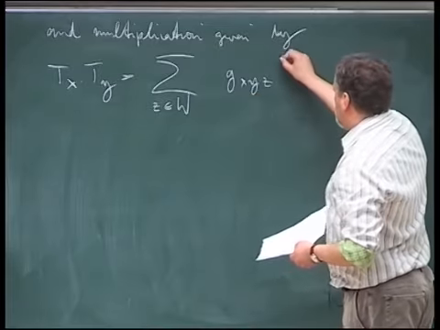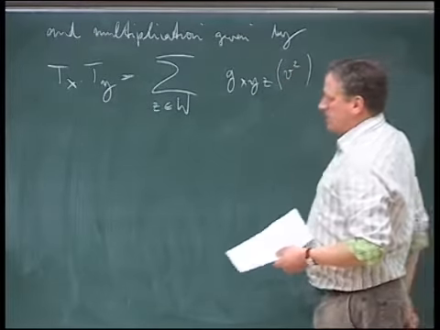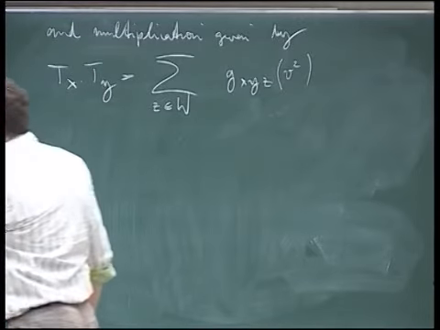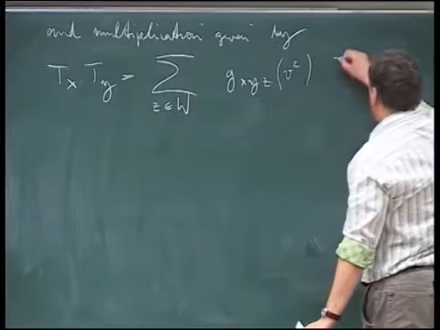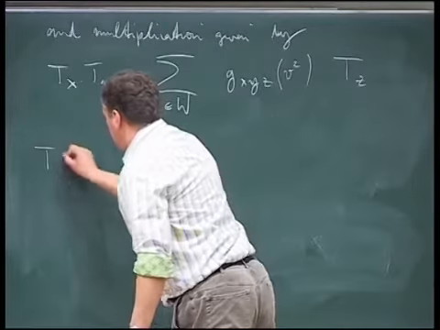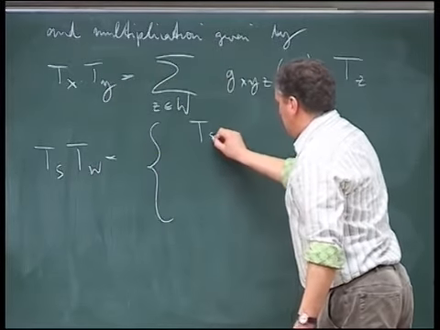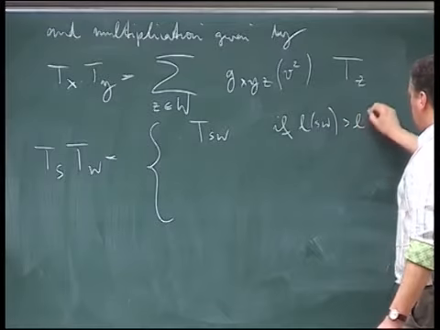And for reasons that will become clear a little later, I artificially take this v as a kind of square root of this parameter here. Or explicitly, so you have T_s T_w here is T_sw if the length goes up.